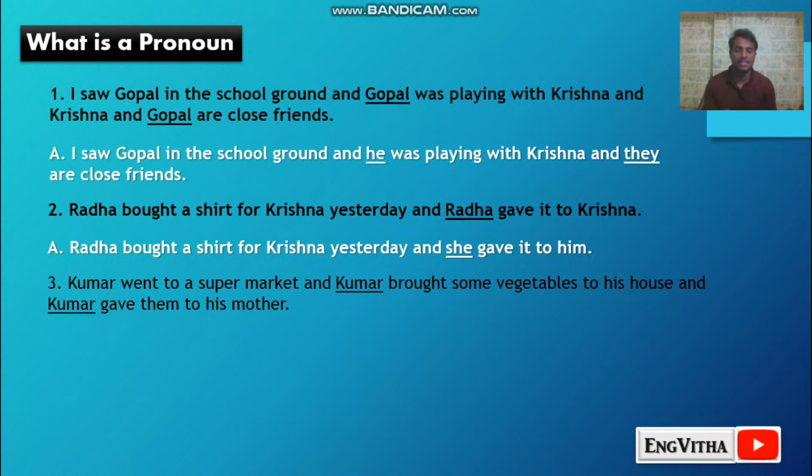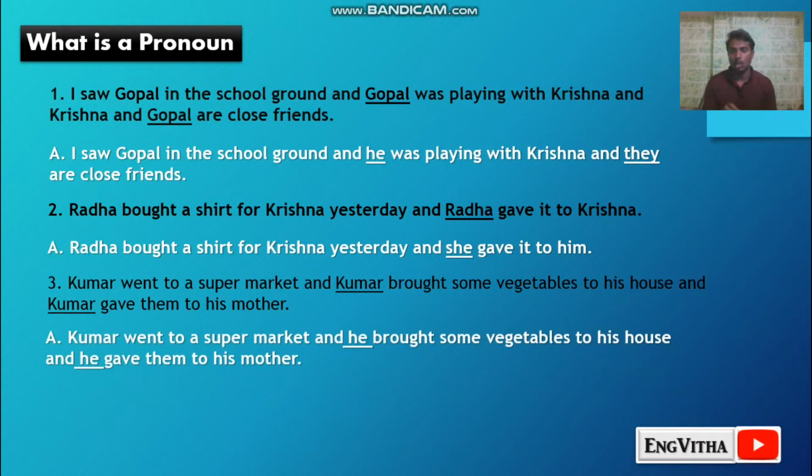So to avoid this repetition, we use the relevant pronoun, that is he, in the place of the noun Kumar. That is, Kumar went to a supermarket and he brought some vegetables to his house and he gave them to his mother. Firstly, we mentioned the noun Kumar that we are talking about, and we later replaced the noun Kumar with the relevant pronoun he.